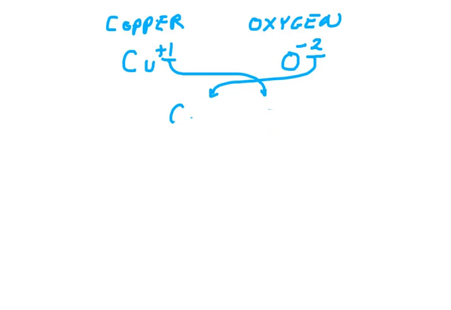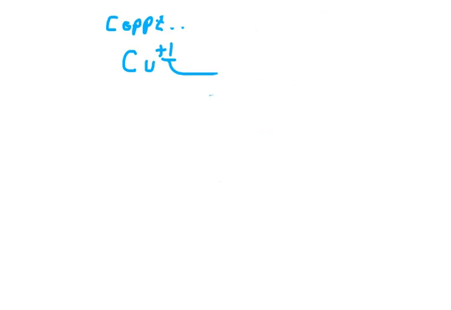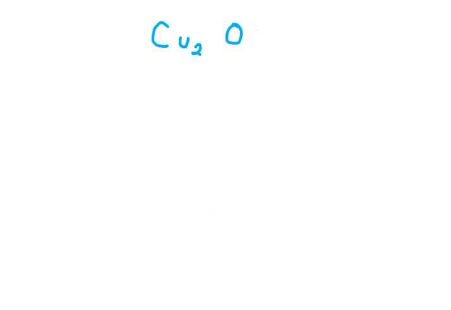Now to go back and actually create the name once we know the formula, we have to do the 5-step crossover process backwards. So we're going to start with that same one so that you can see how this would work. If we had Cu2O, we're going to take that apart and reverse the process.